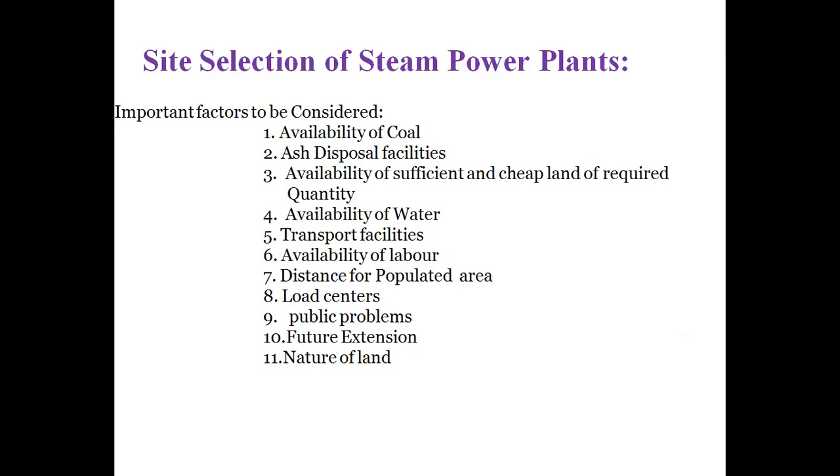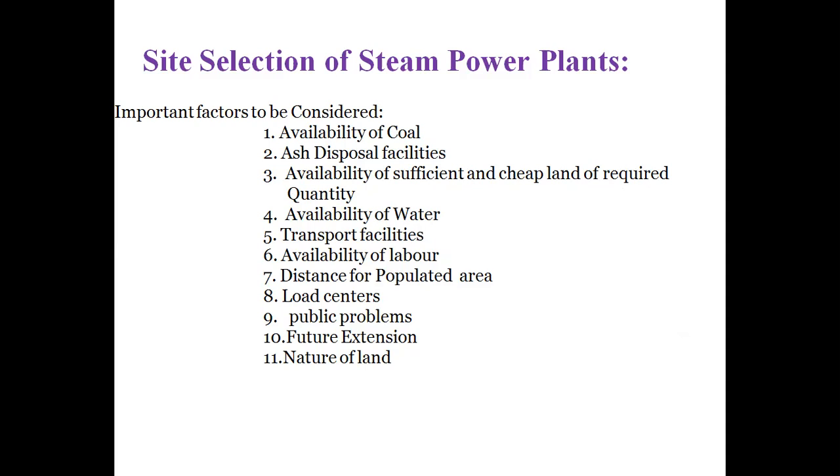And next one is the availability of sufficient and cheap land for the required quantity. The land should be very cheap and more space should be there, because if there is any extension of the steam power plant, it will be very useful. And next one is the availability of water.